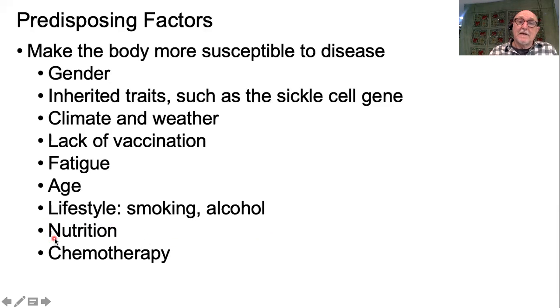The next is nutrition, and we could have a whole lecture on this, because bad nutrition is so very common these days. Unfortunately, foods which are very high in fats and salt, we as human beings have a great taste for fat, for the richness that fat conveys to a food.